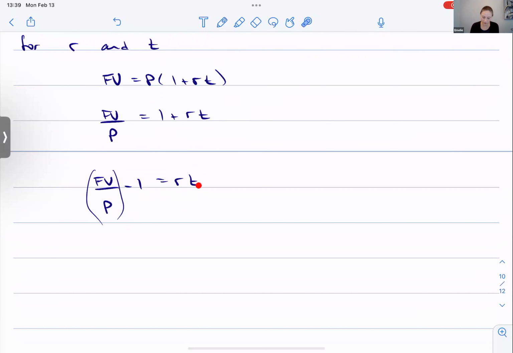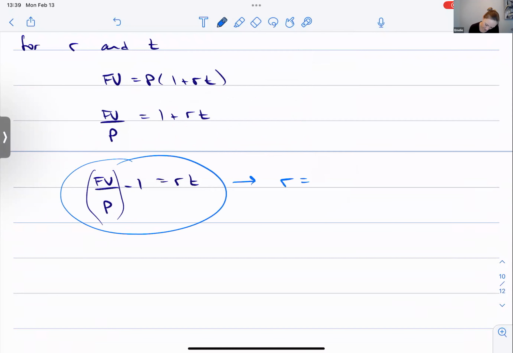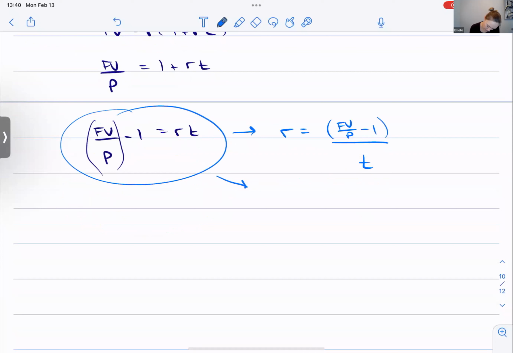And then to solve for R or T, the next move determines the only difference here. So solving for R is going to be FV over P minus 1 divided by T, or T is going to be FV over P minus 1 divided by R. Because these are a little bit more complicated, you want to be really careful when you're working through these.